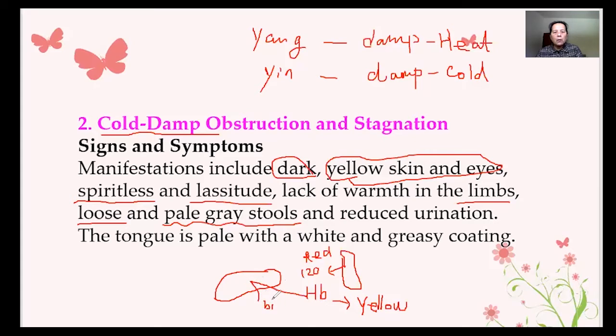We know the bile color is kind of dark yellow. That bile goes to the small intestine, the duodenum, the first part of the small intestine, then follows the small intestine and large intestine and is released with the stool.